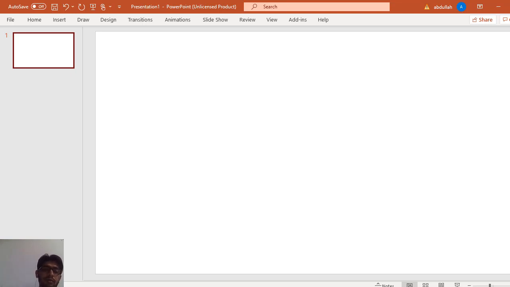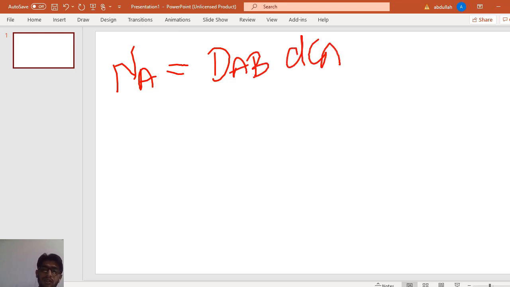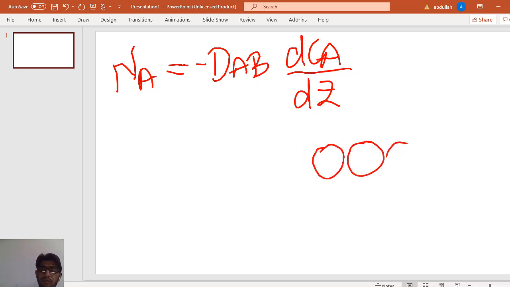The theoretical form is N_A, the molar flux of component A, equal to the diffusivity of component A in component B into the concentration gradient. This is Fick's law of molecular diffusion. Suppose we have two types of gas molecule.